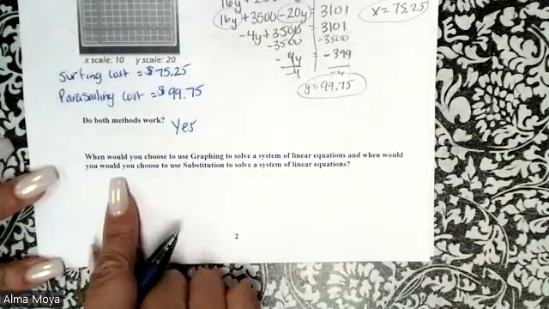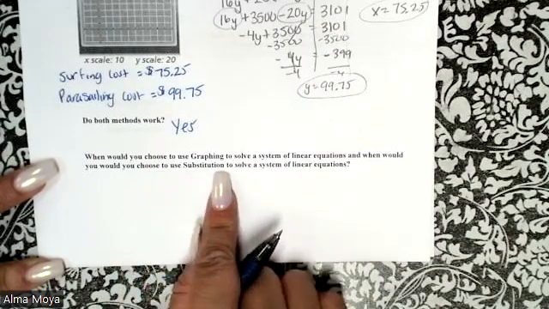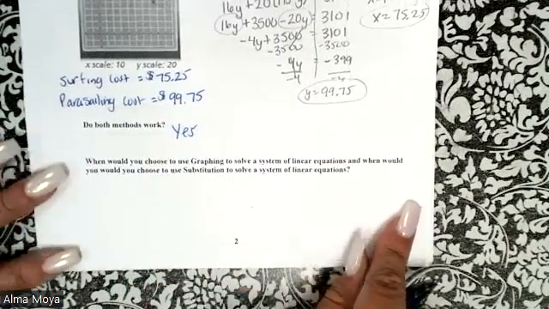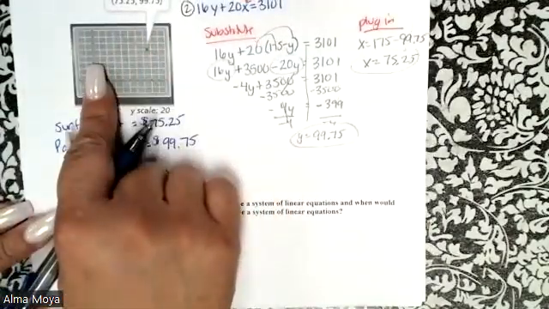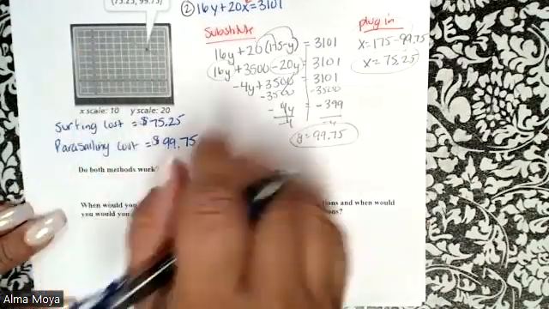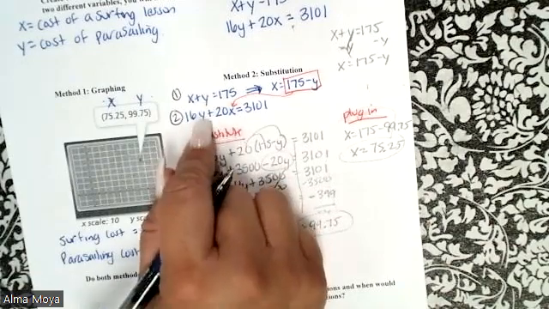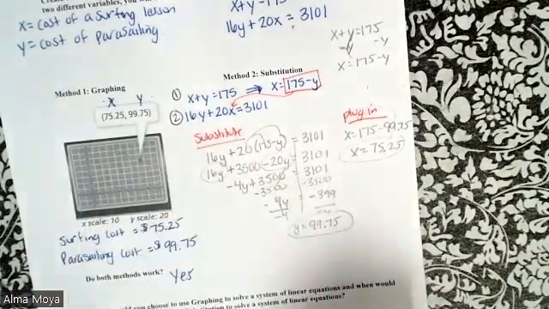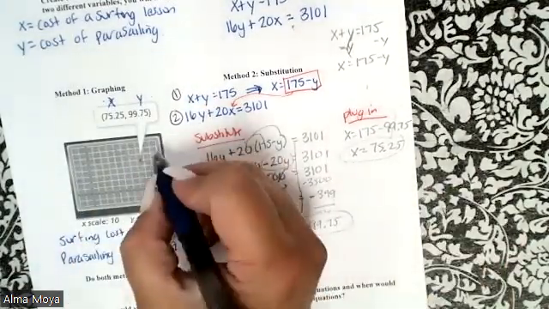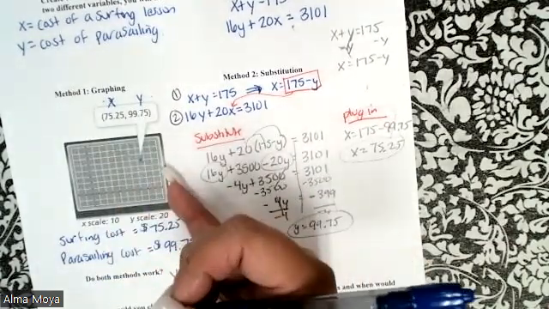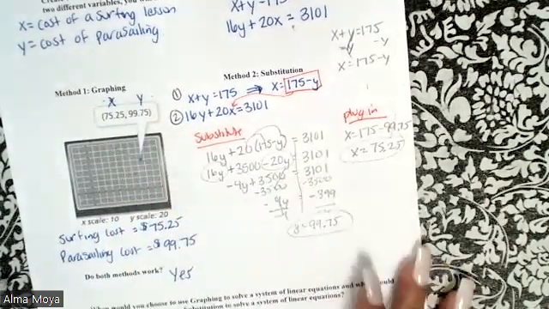And when would you choose to use substitution? I would choose graphing when both of the equations are y equals. These were not y equals, so we had to solve for y in order to graph it. And the point couldn't have been a decimal.